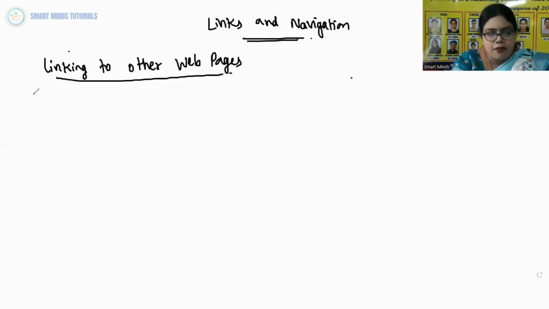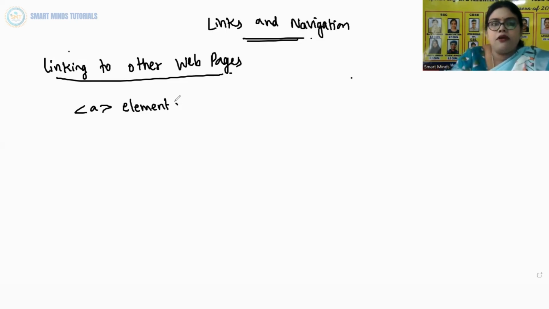A page can be linked to other web pages by using the A element. By using the A element, we can link our page to another web page with the href attribute, specifying the URL of the other web page.